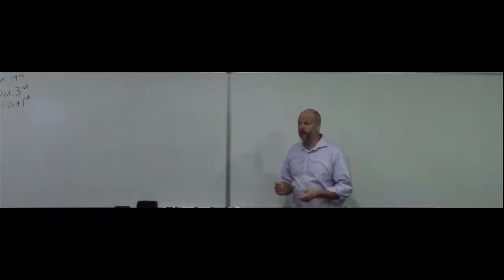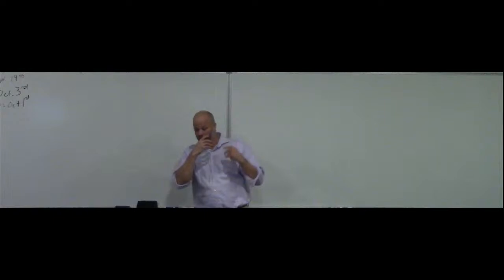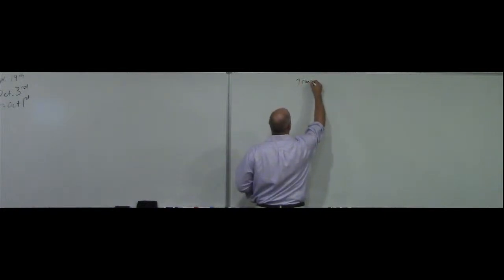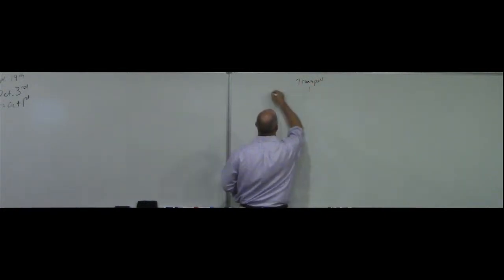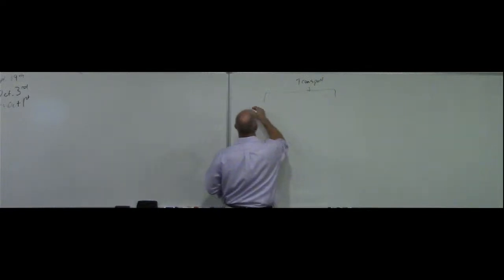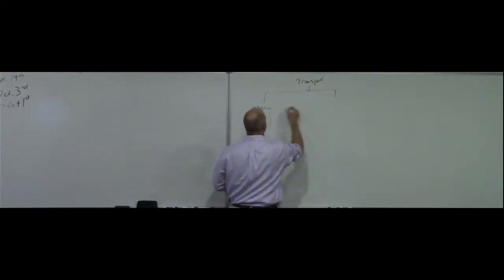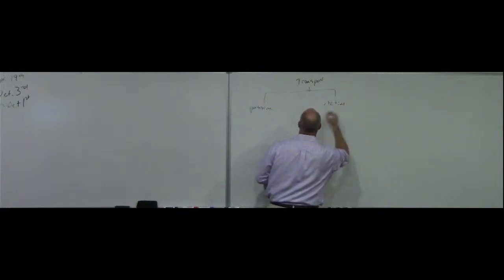You got to be able to tell me about all the different types of transport. First thing, here I am, I didn't want to review and I'm reviewing. It's okay. So we got transport, right? The movement of things, and we can kind of break it down into passive, active, right?